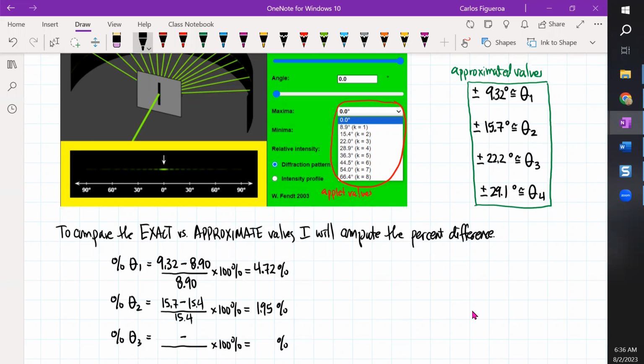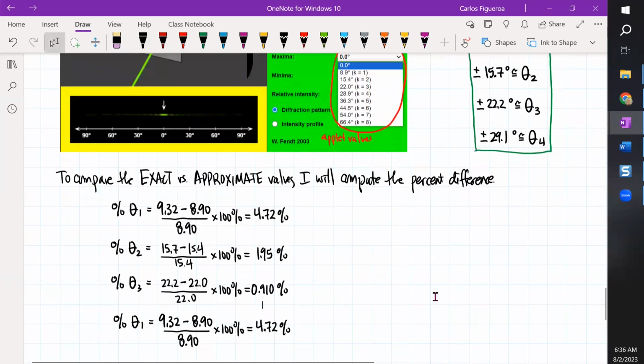Now, if I put in 3, I get 22.2, and 3 here is 22.0, but 22.0 is the actual value. The next thing you see here is 0.91%.